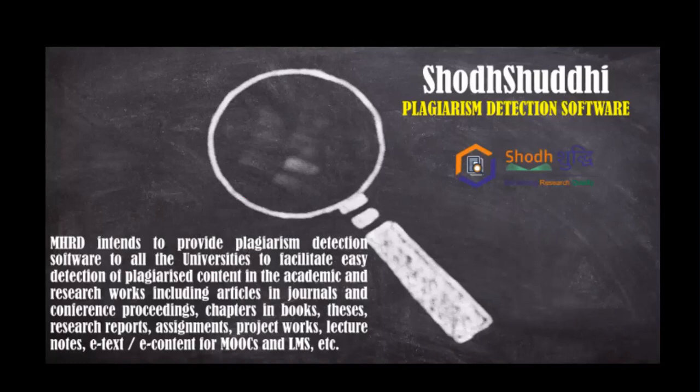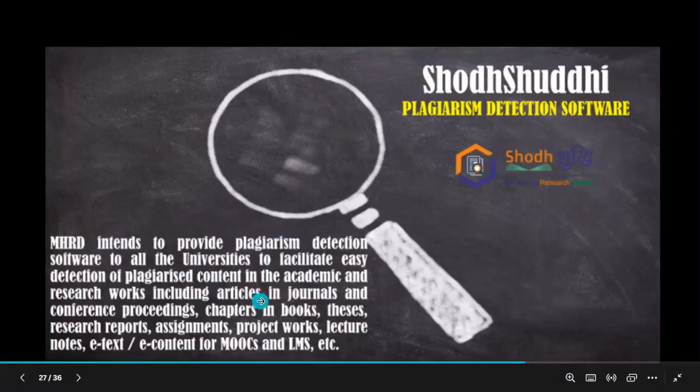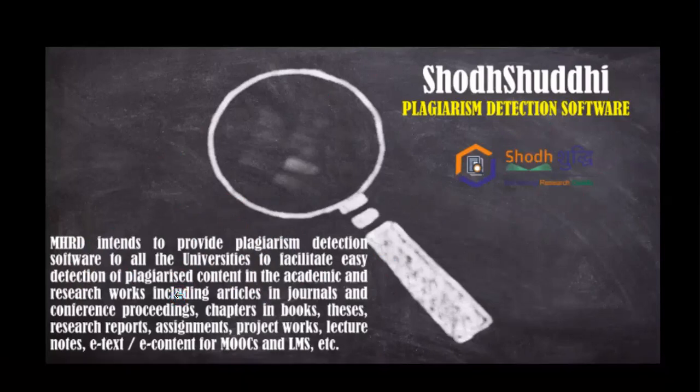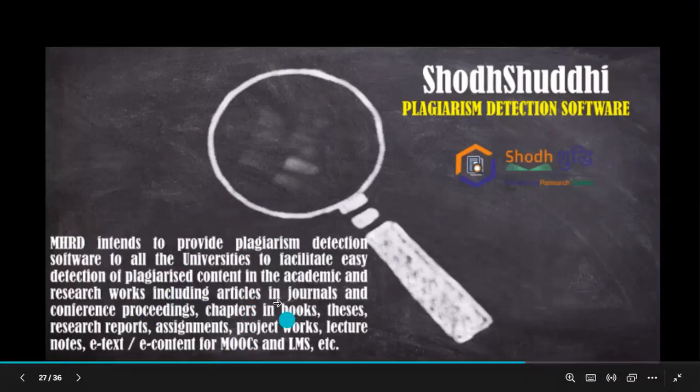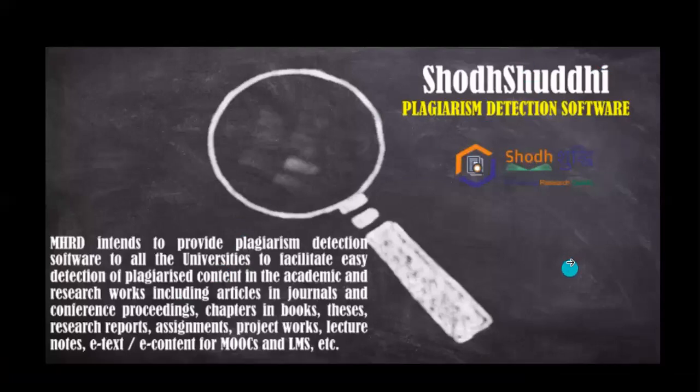So in India, there is something called Shodh Shuddhi, which is an initiative by the MHRD. MHRD intends to provide plagiarism detection software to all the universities, to facilitate easy detection. It covers academic research works, including articles in journals, conference proceedings, chapters in books, thesis, research reports, assignments, etc. So Shodh Shuddhi is a plagiarism detection software.